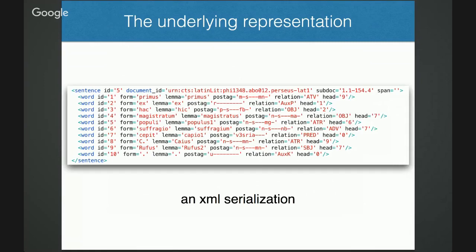So XML, in a few words, is simply a format that allows you to describe a text distinguishing between the markup, something that we say about a text, and the value, the text itself. For example, here, form is a way to say that I'm talking about the word form of my text, and the value for this word form is primus.